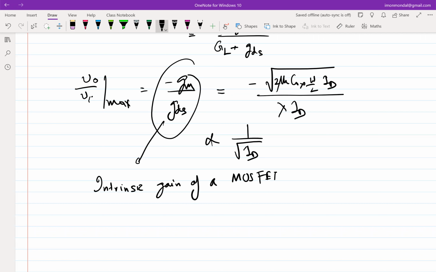That is, it is not loaded by its own GDS, but you cannot hope to do that because everything is real. So you'll have some GDS, which means you'll have to ensure your transistor GDS is as low as possible, or in other words, the intrinsic gain of the transistor, that is the maximum gain that you can get out of the transistor, should be as high as possible. If it is not, then your gain will be limited by the intrinsic gain of the transistor, regardless of whatever R you are trying to drive.